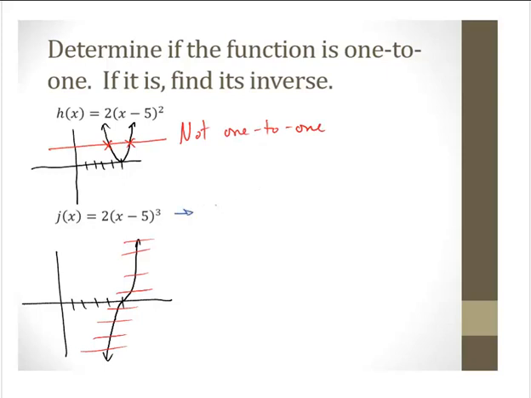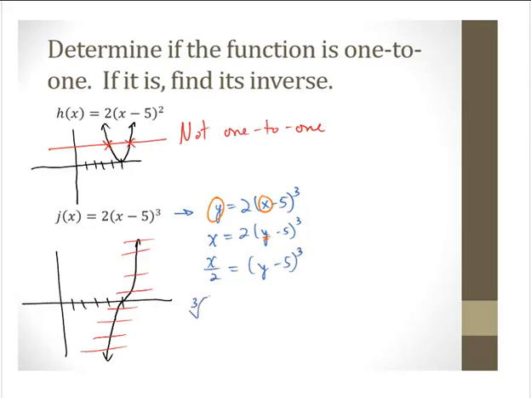So y equals 2 times x minus 5 cubed. Let's invert the variables, the y and the x. I will write this as x equals 2 times y minus 5 cubed, and now I want to solve for y. I'll divide by 2. x over 2 is equal to y minus 5 cubed. I will take the cube root of both sides.